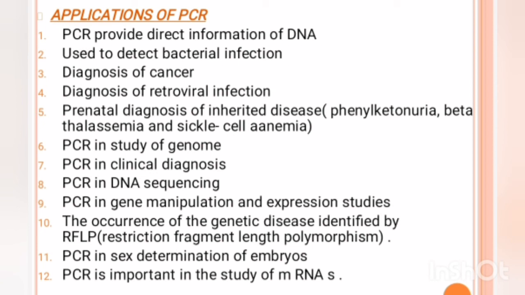Next application, PCR used in the study of genome. The differences in the genome of two organisms can be measured by PCR with random primers. The products are separated by electrophoresis for comparative identification. And also, PCR is important in the study of evolutionary biology.